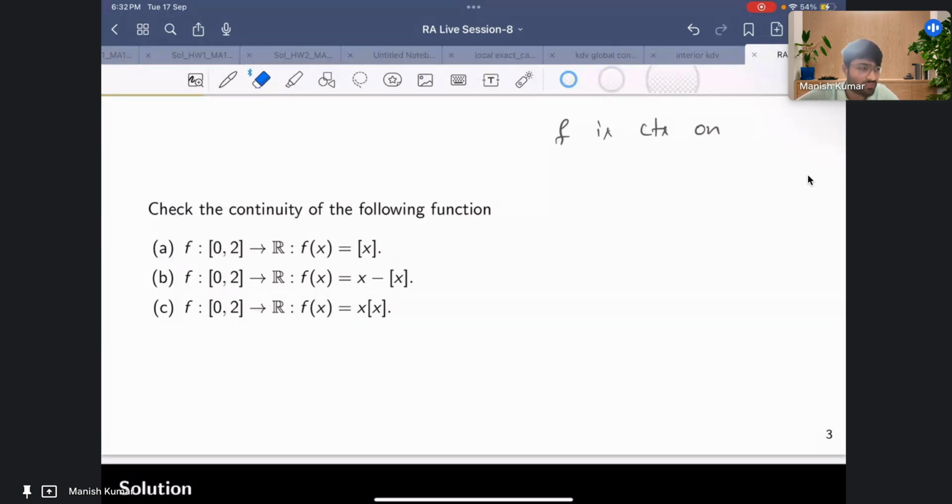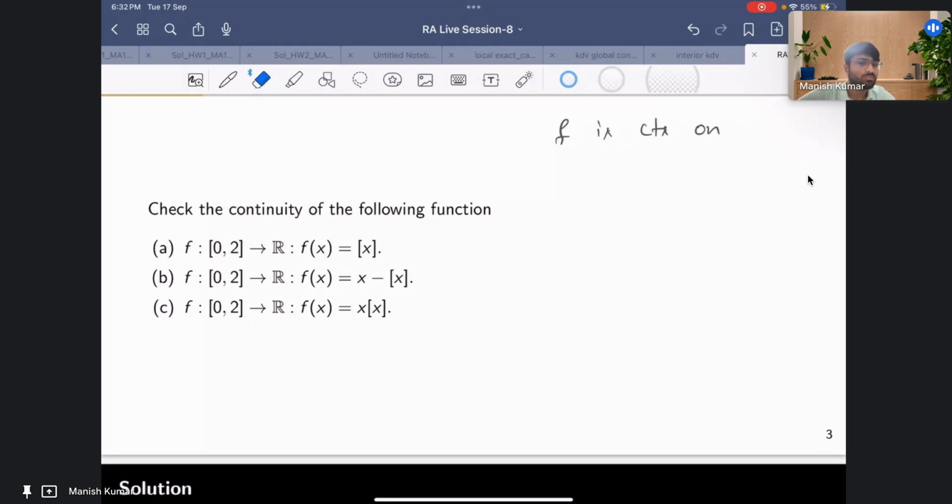The property of continuity is pointwise. Whenever you define continuity, you say f is continuous at c. You never say f is continuous on the interval. When you say f is continuous on an interval, that means it is continuous at each of the points.